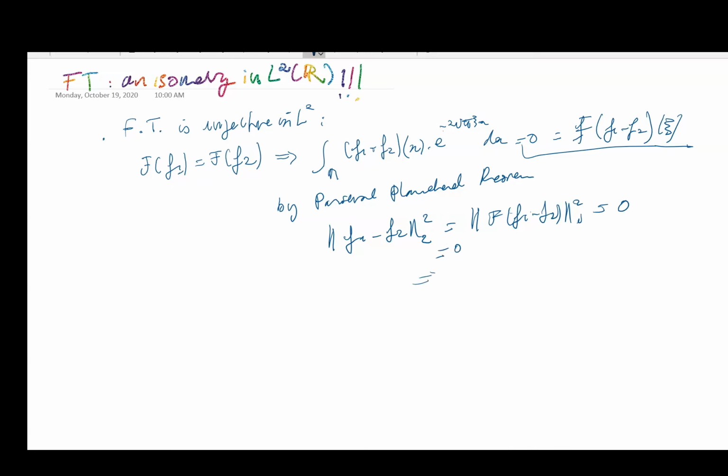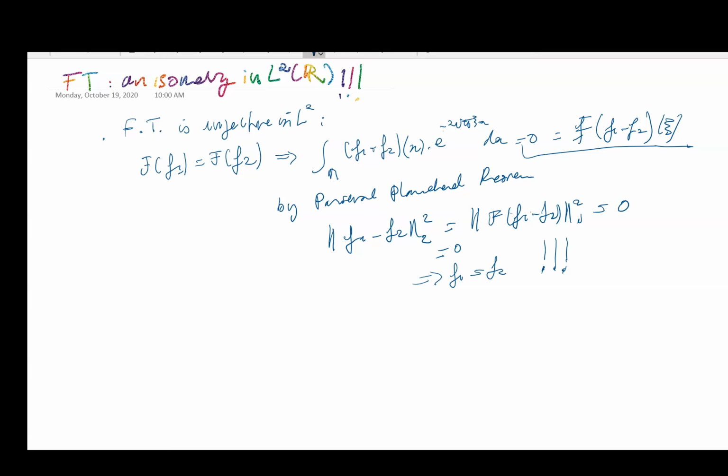So that means that f1 is equal to f2. Okay, so if we have functions in L2, using that L2 norm is very natural. Using the Parseval-Plancherel theorem, we get that the Fourier transform is injective.